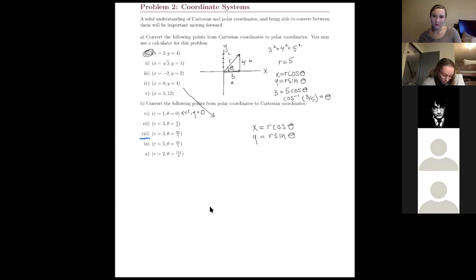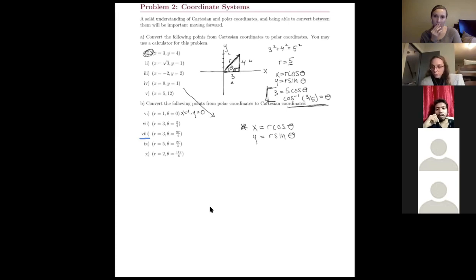So it's 3 along the x, 4 along the y, and then you can use the Pythagorean theorem, since these are always right triangles, to do 3 squared plus 4 squared. It's 25, square root of 25 is 5. So you know that r is 5. So that's how you can find r. And then you can plug r equals 5 and x equals 3 into this equation here to find what theta would be.